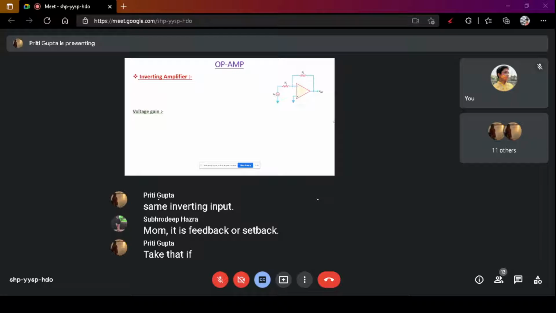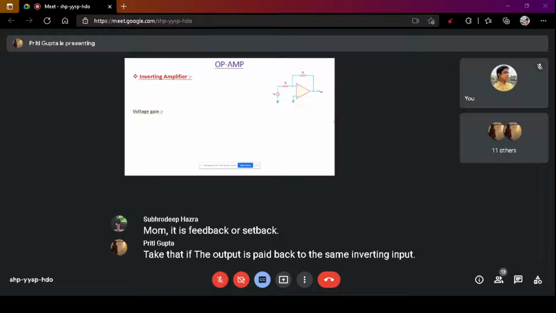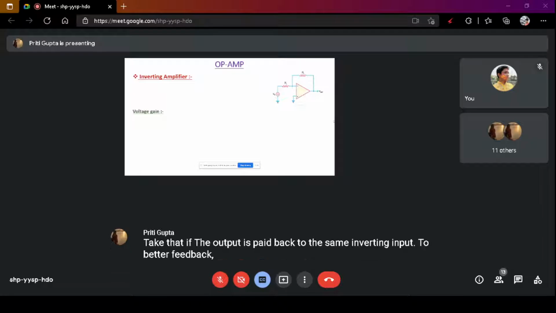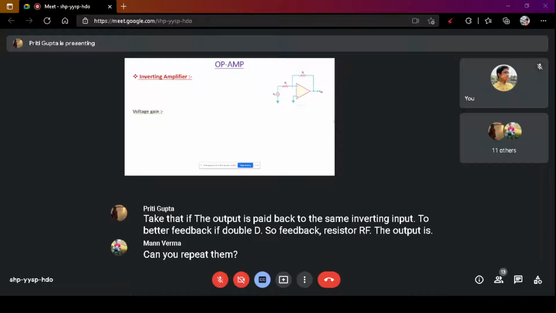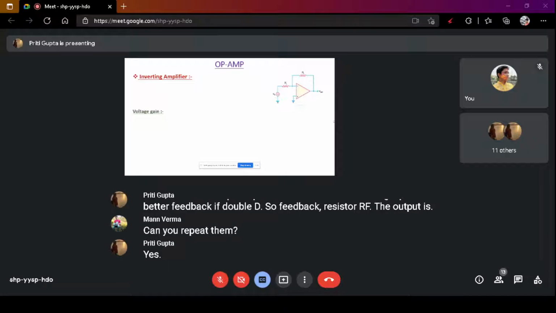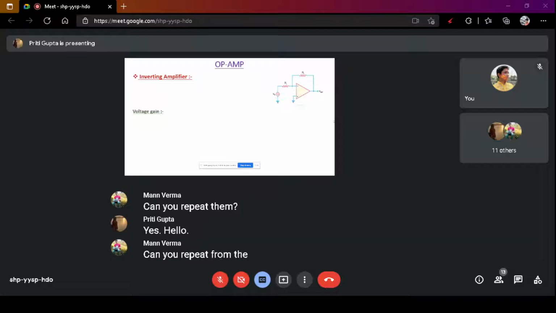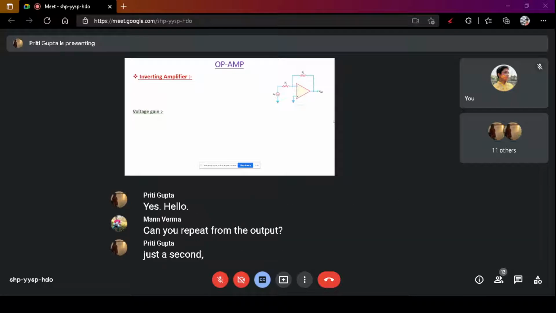The output is fed back to the same inverting input through the feedback resistor RF.